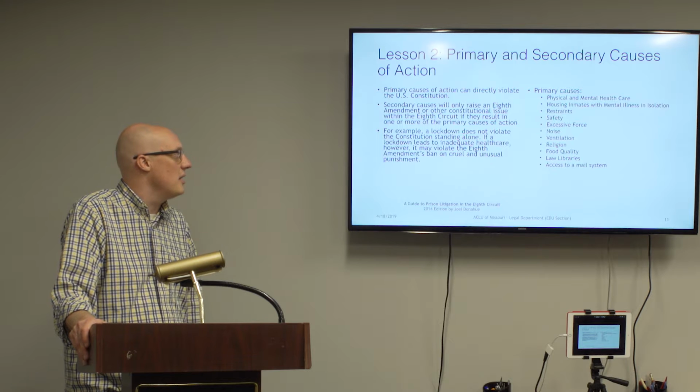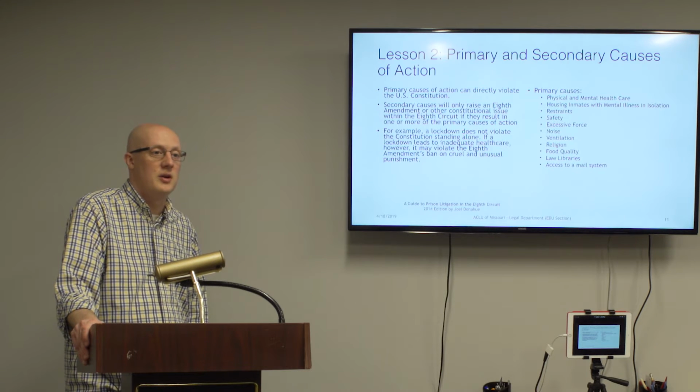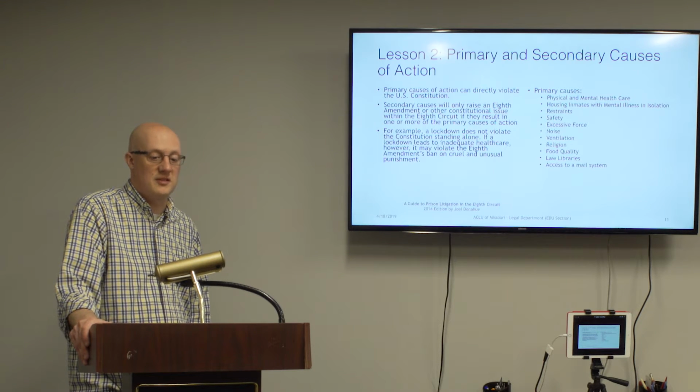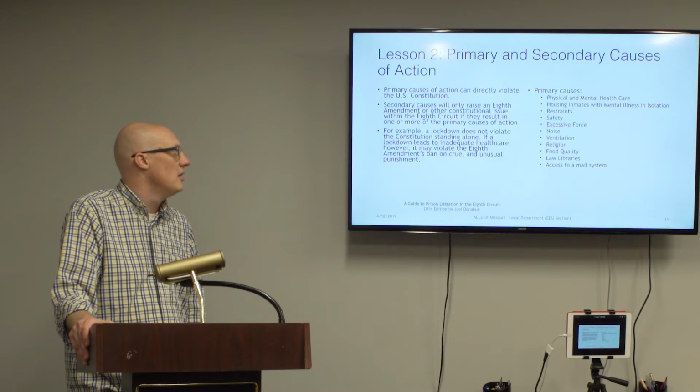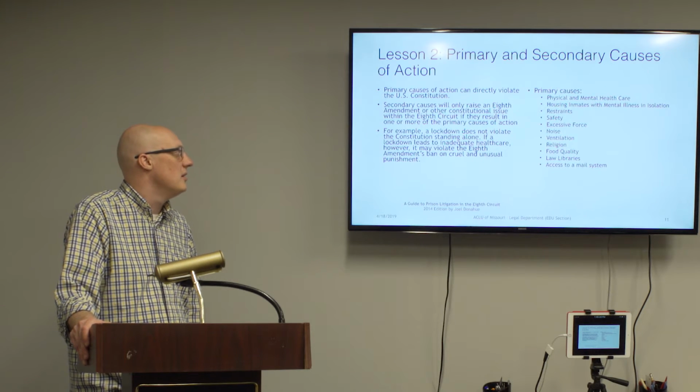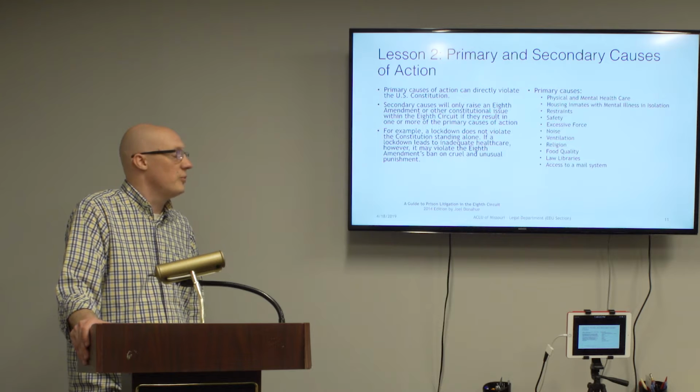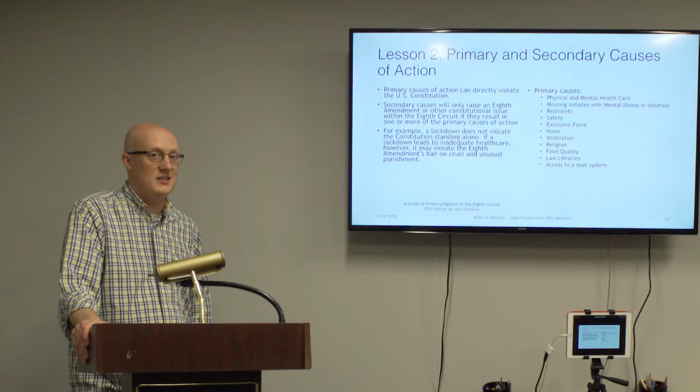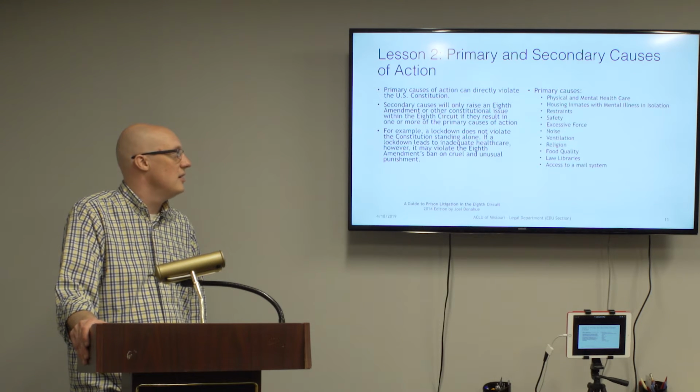Religion is often an area where civil rights litigation in prisons is fairly successful. Food quality. Law libraries is one where civil rights litigation is not that successful generally.